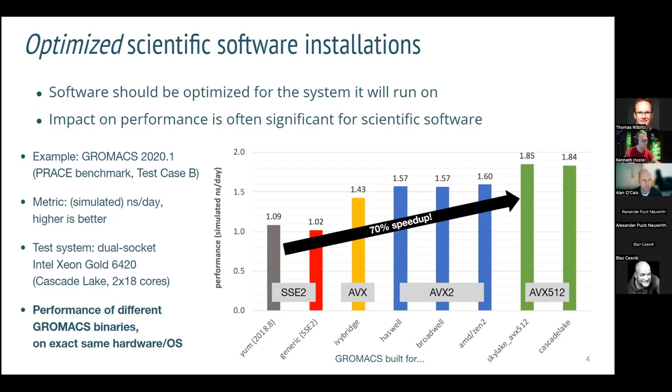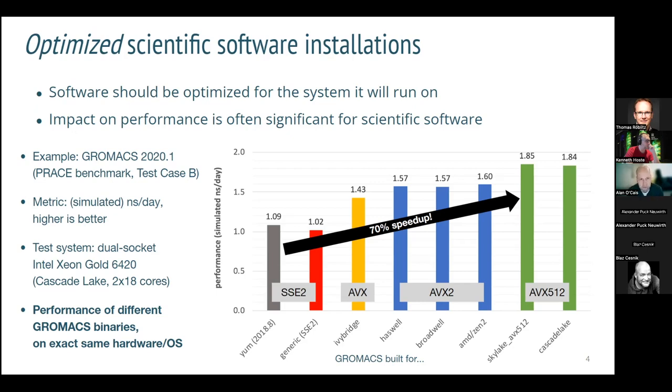So the graph here is giving you an example of that, which is for GROMACS. It's an older version of GROMACS now, but the principle is the same today as when the graph was generated. With GROMACS you can measure performance in the number of nanoseconds you can simulate per day, so higher is better here. This was a Cascade Lake system with 36 cores.